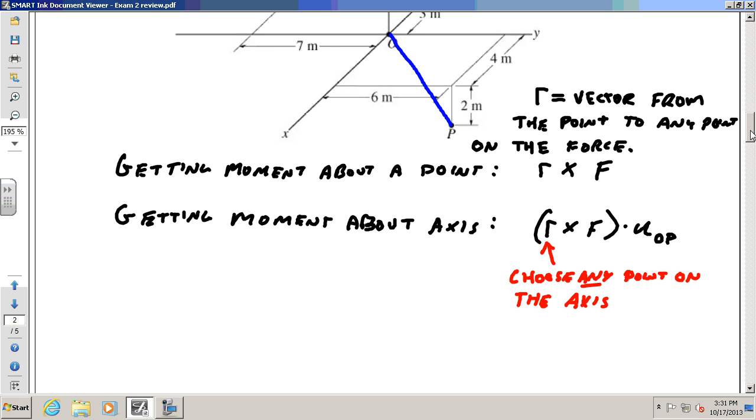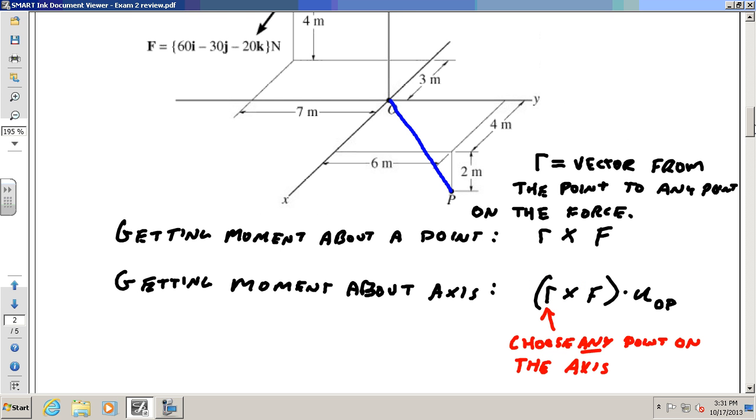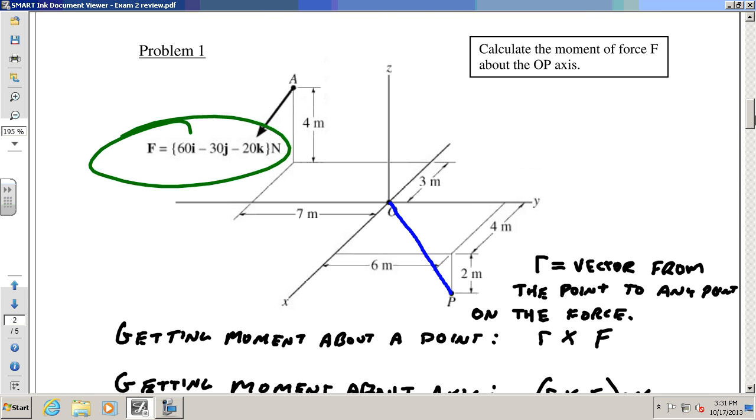So in this case, what you would do is you already got force F. This is nice and easy because in this problem you got force F as a Cartesian vector. You're done. And so if you wanted to get the moment of force F about the OP axis, you just choose any point on the OP axis.